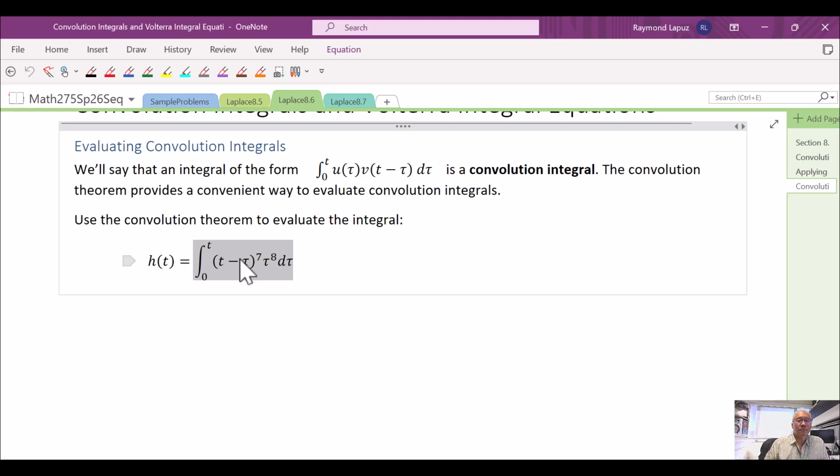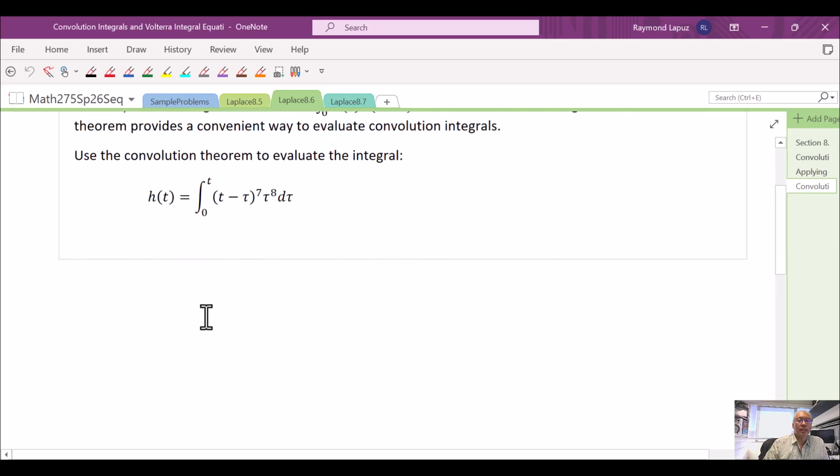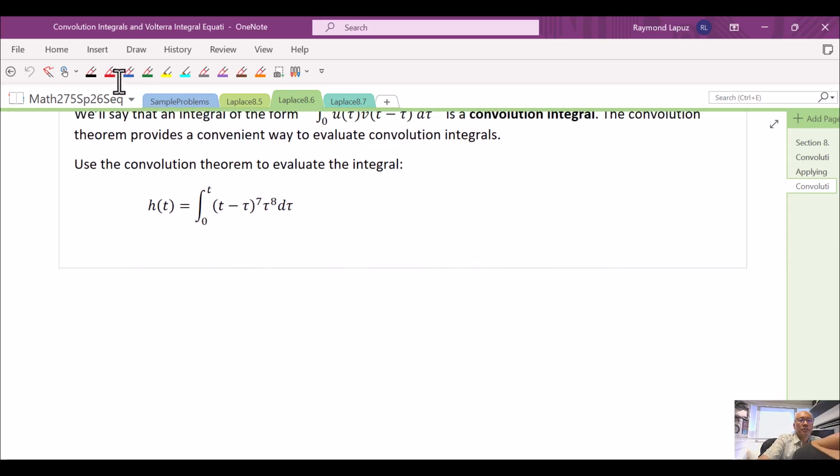So to solve for this, kind of like what we've been doing all along, is to go to the Laplace world, and let's call this capital H of s.